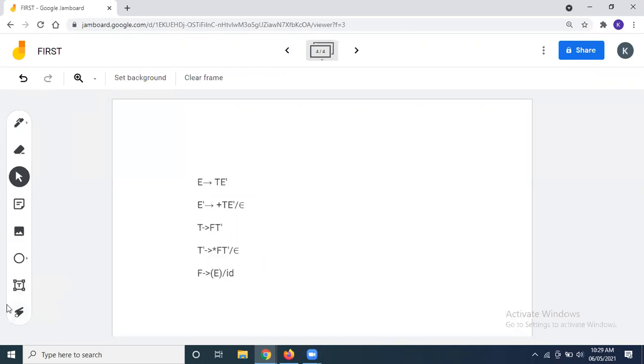So first of E is nothing but first of T, right? First of E is equal to first of T. If you go here, what we have is F.